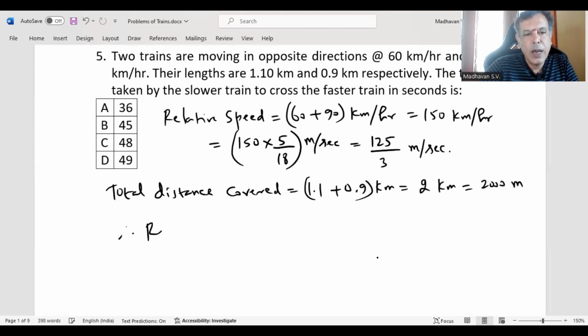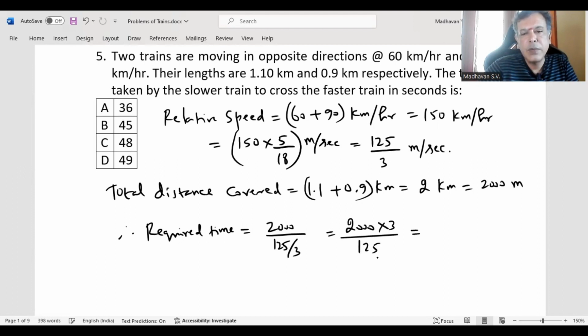Therefore, the required time will be distance, that is 2000, divided by the speed, which is 125 by 3. So you get 2000 multiplied by 3 divided by 125. If we calculate this, we get 48 seconds. So the option is option C. That is the solution for this question.